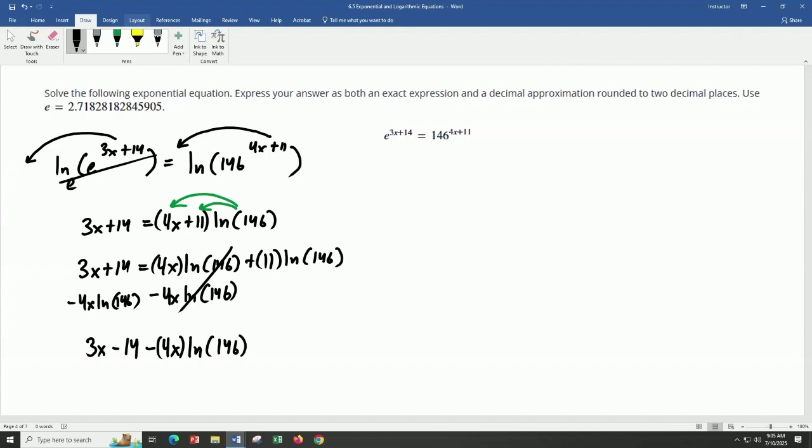You don't really need the parenthesis around the 4x. All equal to, well, what's left on the other side? I'm still left with the 11 ln 146.